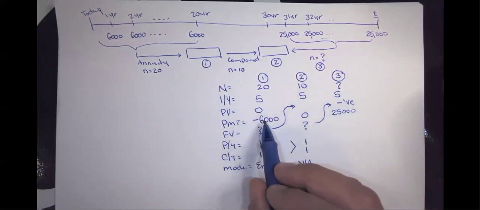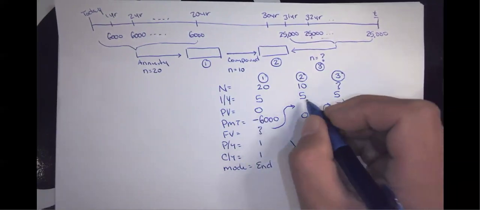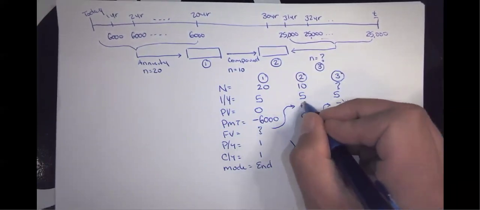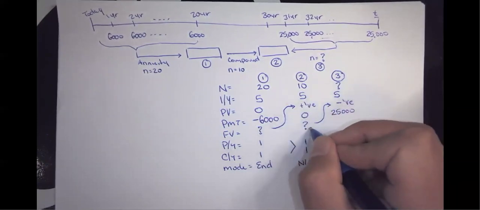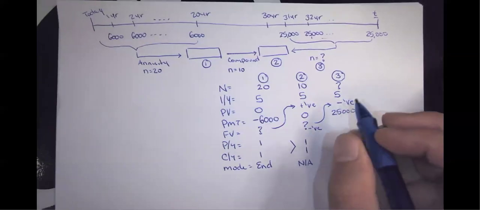So if we're investing $6,000 here, our future value is going to be positive. So this is going to be positive here, which makes this a negative, which feeds a negative up there.